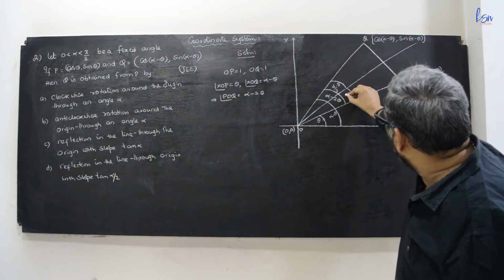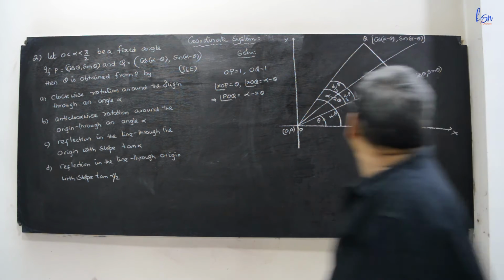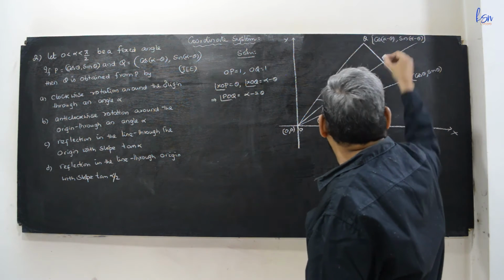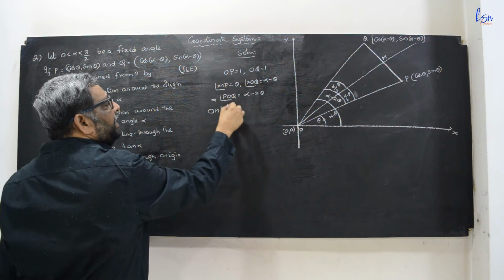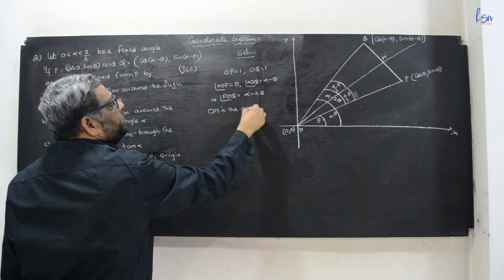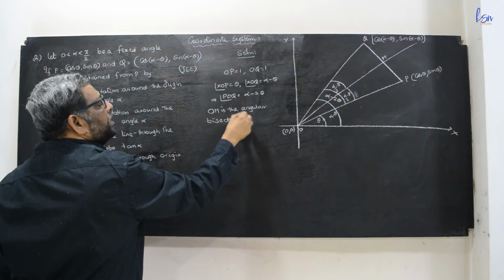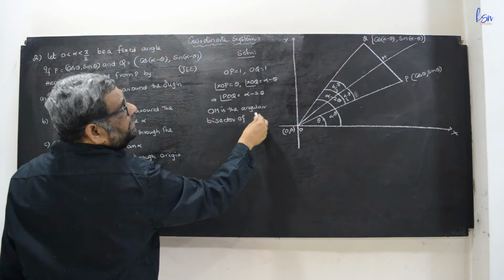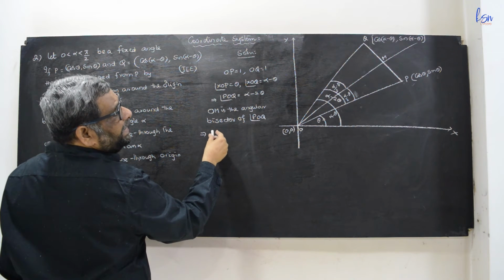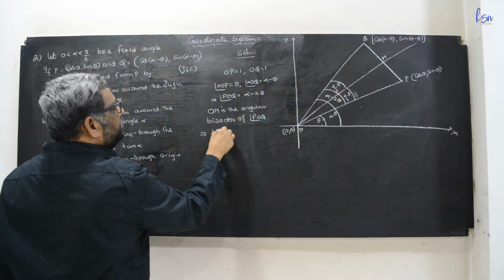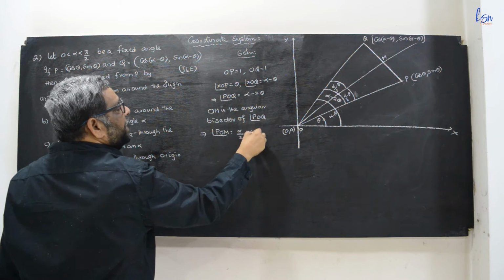And this is also alpha by 2 minus theta. So here, for example, call this M. Now, OM is the angular bisector of angle POQ, which implies angle POM is equal to alpha by 2 minus theta.